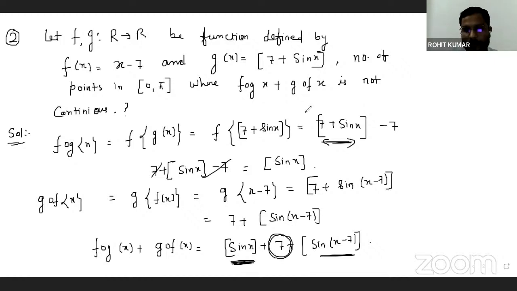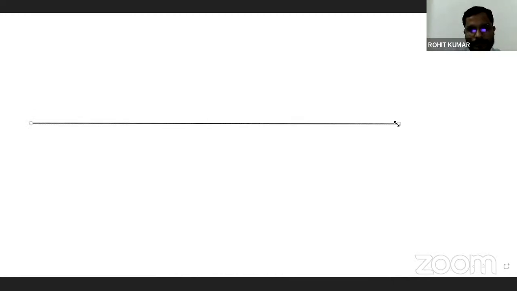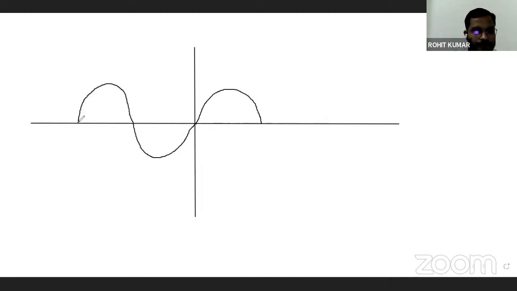All right. To discuss the continuity and discontinuity of this, let's draw the graph of sin x. This is how the sin x function goes: 0, pi by 2, pi. At pi by 2, the function will break.